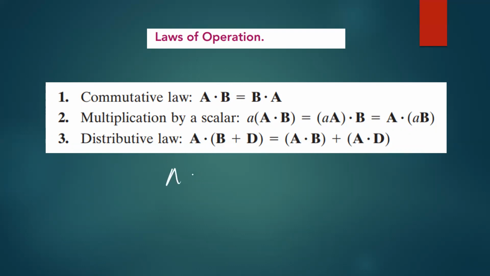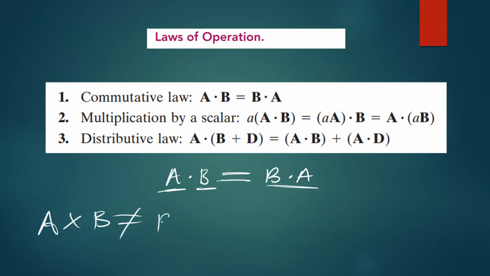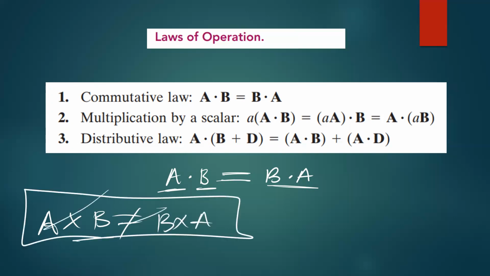So if you have the vector A and the vector B, when you find A dot B, it will simply be equal to B dot A. When we start discussing the cross product, this is not true. For the cross product, A cross B is not equal to B cross A. They are not the same. But for the dot product, A dot B is the same as B dot A.